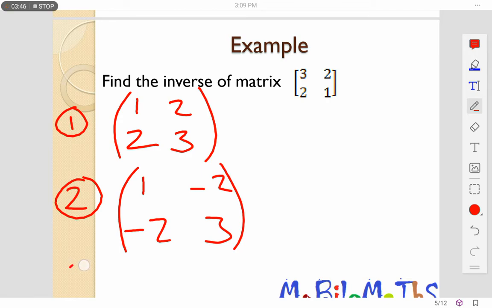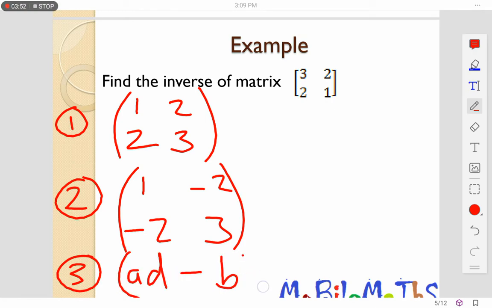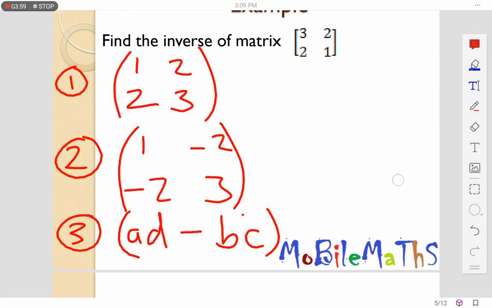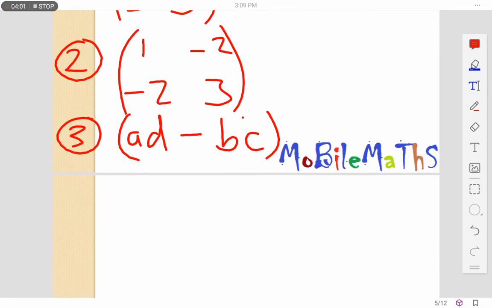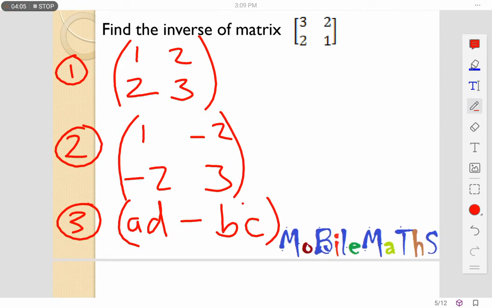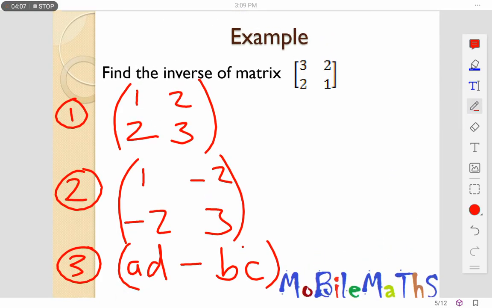Let's go to the third part. We said we will get AD minus BC, like that. Let's find AD minus BC. Okay, so this is our matrix. Our A is 3.